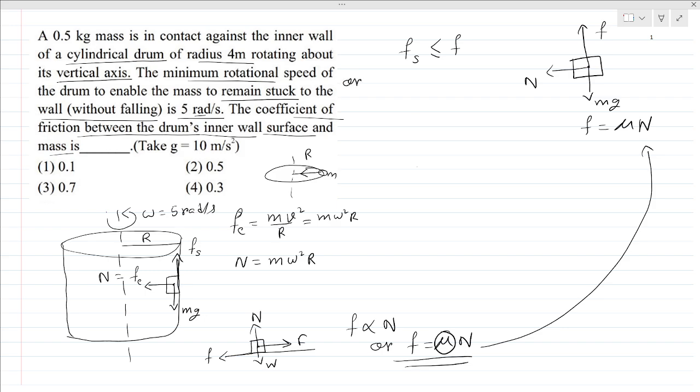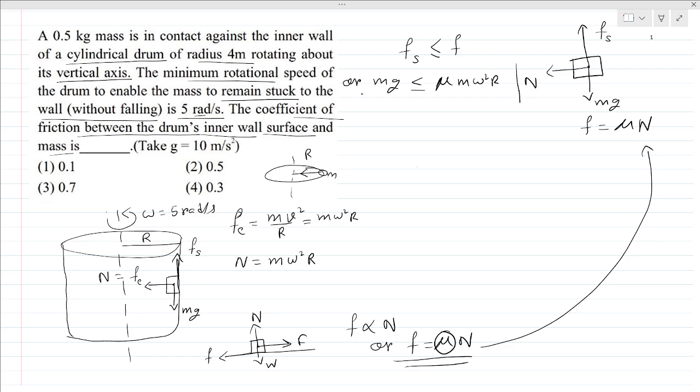Now if I want to write all those values here, for Fs, the basic tendency Fs will be equal to mg, right? Because it balances mg if it is stuck. If it does not fall, then obviously it should be equal to or less than the friction f, which is mu into m omega square r.